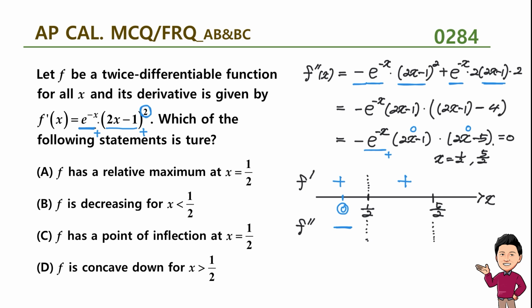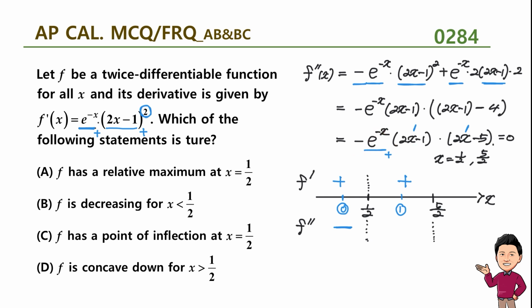So far so good. Now substitute any value between 1/2 and 5/2. Let's substitute 1. If x is 1, then 2 minus 1 is positive, and 2 minus 5 is negative. So we have negative times positive times negative. The exponential is always positive.